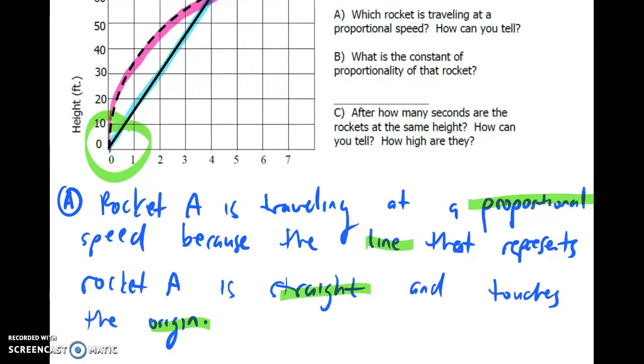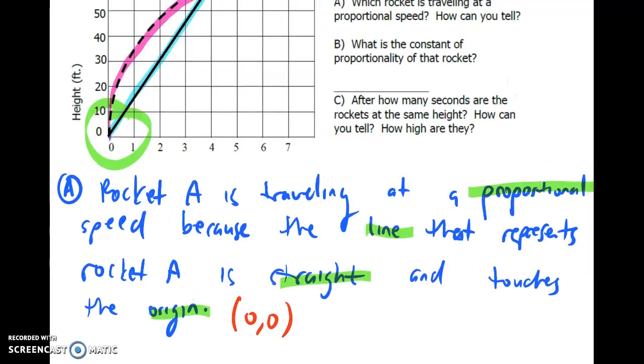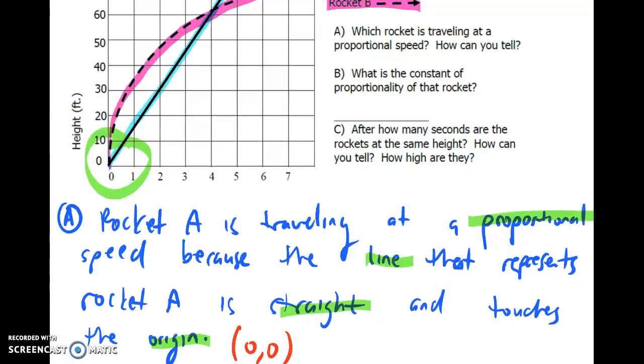So those are my vocabulary words right there. We really need to start getting used to using our vocabulary words in our explanation. Another way to represent origin is by saying 0, 0. So that's fine as well.